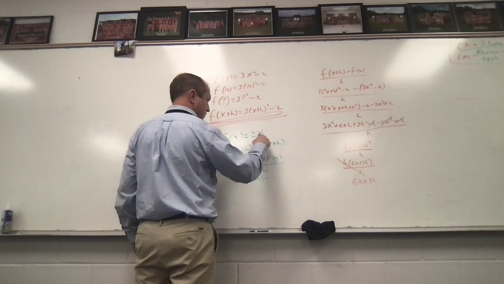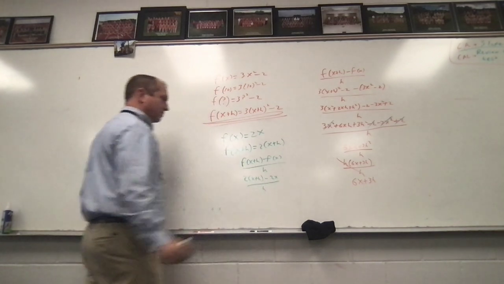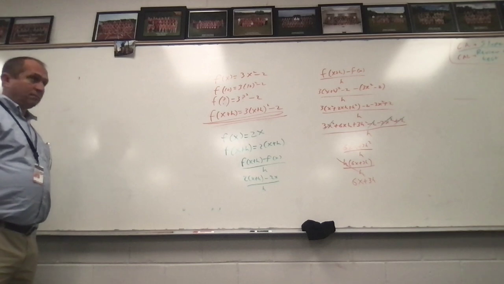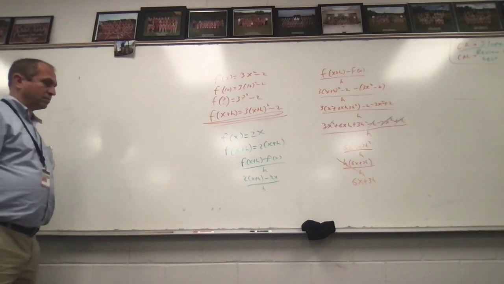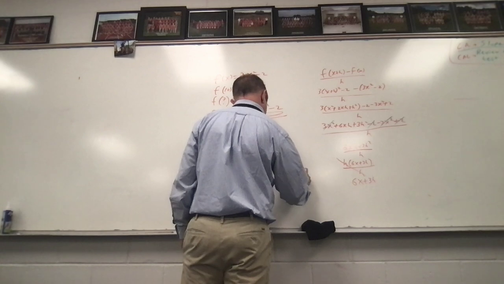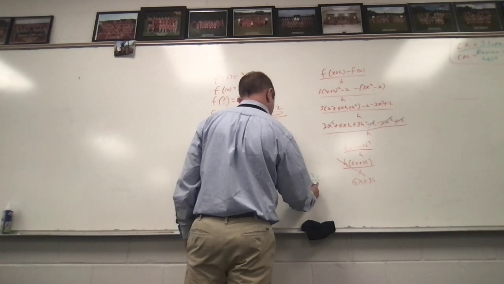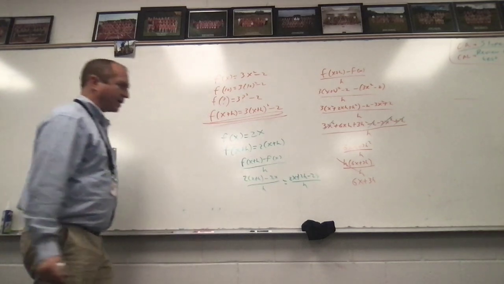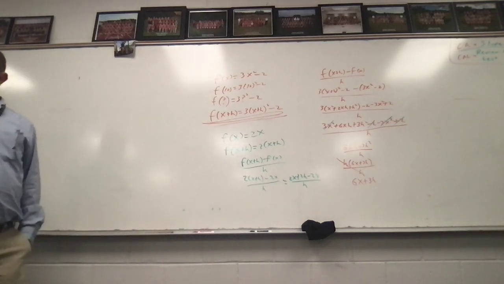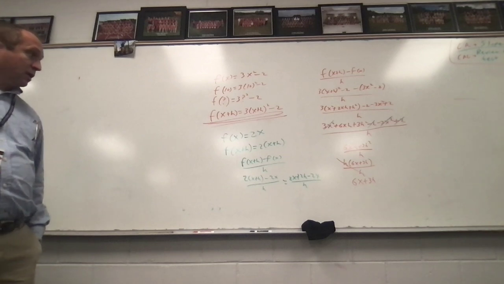F of x is 2x all over h. So we get 2x plus 2h minus 2x over h. Okay, like I said, we've distributed everything we can distribute. There weren't any polynomials we had to raise to particular powers.